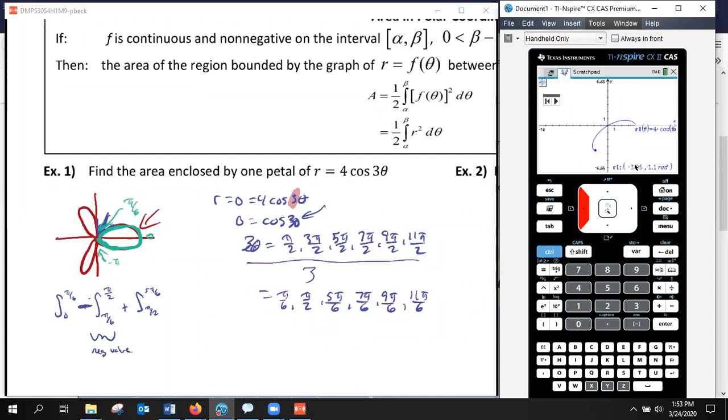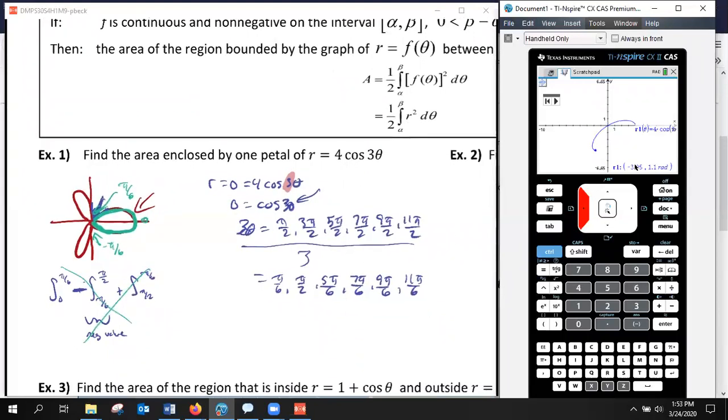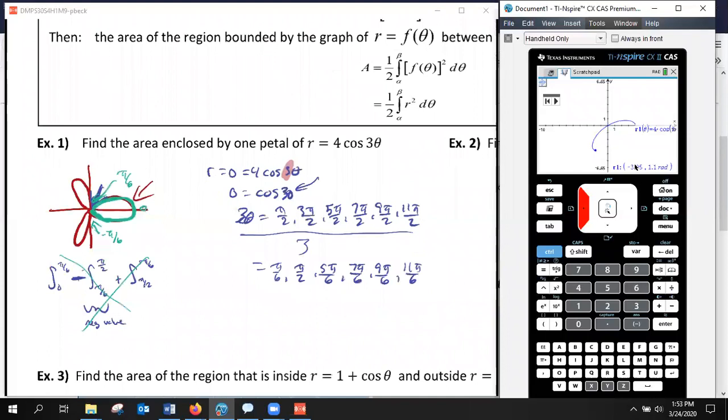What if we decide to use this angle as negative pi over 6? So rather than doing all of that to find a bunch of the total area, why don't we say the integral from negative pi over 6 to pi over 6 and go from there.